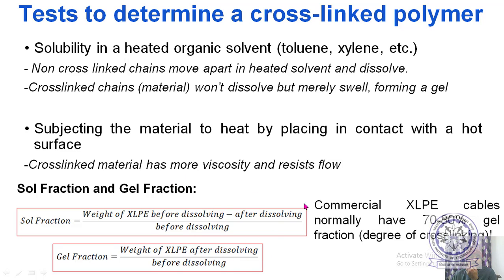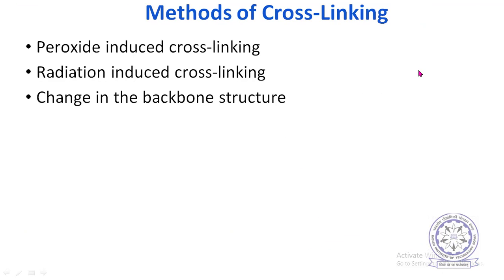So, this is how sol fraction and gel fraction are defined, by which we estimate the degree of cross-linking of XLPE. These are the various methods of cross-linking. You can see peroxide and radiation cross-linking. We will study about them in the next few slides.